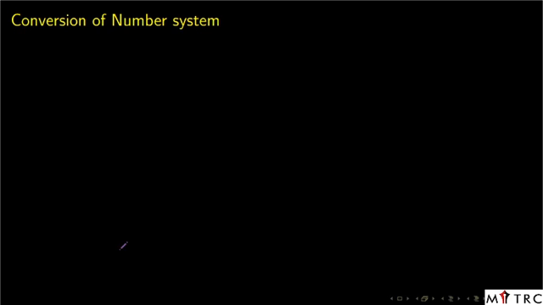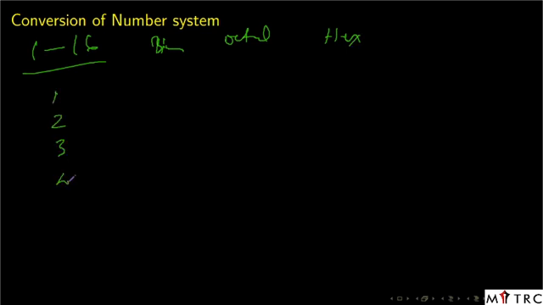So you should memorize the decimal numbers 1 to 16 and their equivalents in binary, octal and hexadecimal. For example, we have 1, 2, 3, 4, 5, 6, 7, 8, 9, 10, 11, 12. Its binary equivalent is 0000.